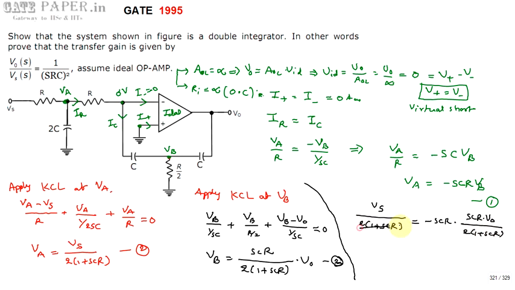The 2 times 1 plus SCR terms cancel. So VS is equal to minus SCR into SCR, that is SCR whole square, times V0. So you can write V0 is equal to minus 1 by SCR whole square into VS. So the magnitude of V0 of S is 1 by SCR whole square into VS of S. So this is the required transfer function, V0 of S by VS of S is equal to 1 by SCR whole square.